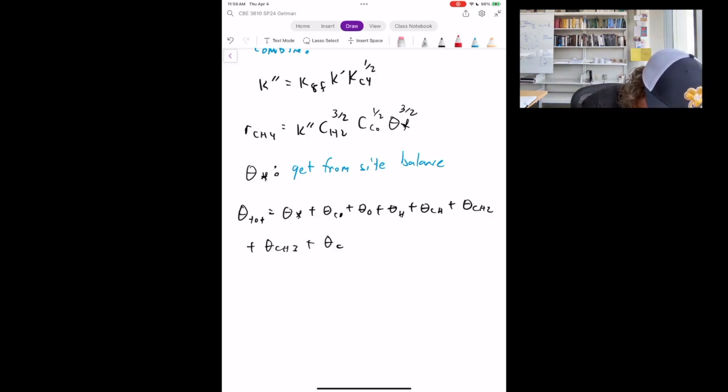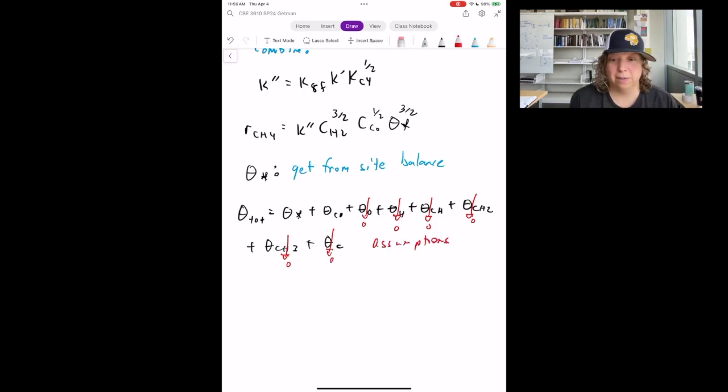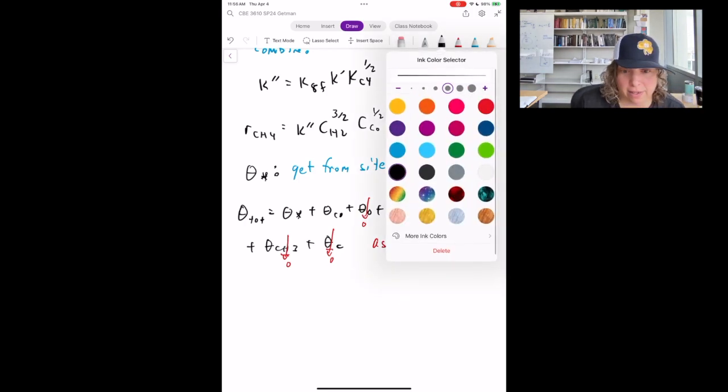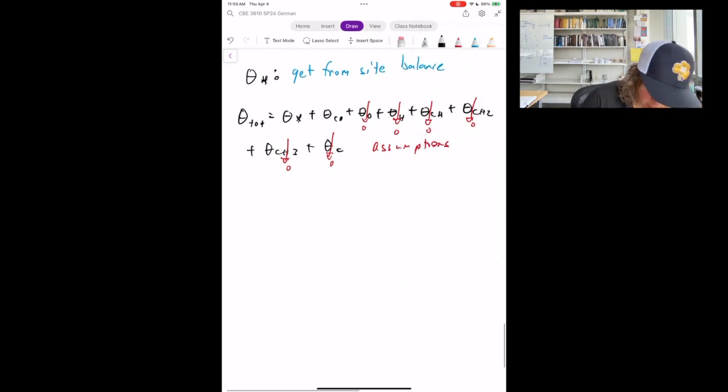So I'm going to say that everything except for CO is approximately equal to 0. That gives me just the total number of free sites, the coverage of CO, and the total number of sites. So then I can use that to solve.